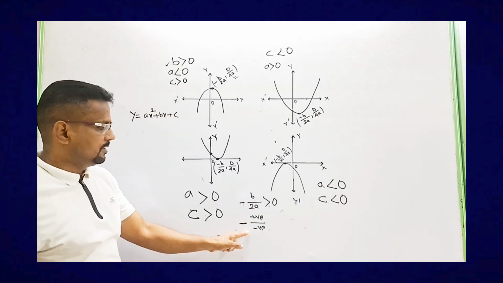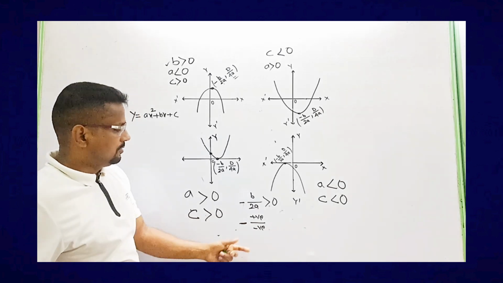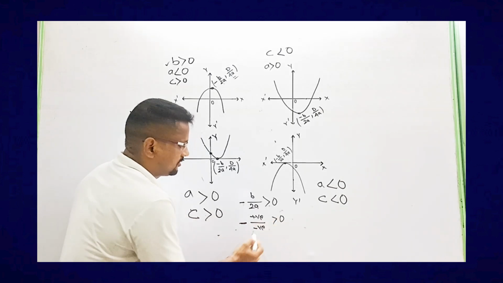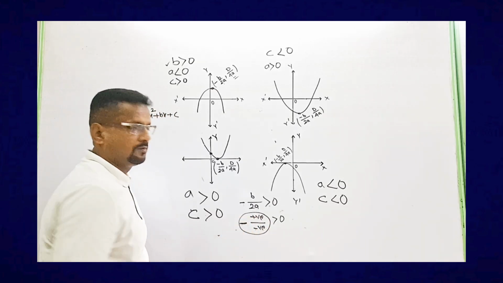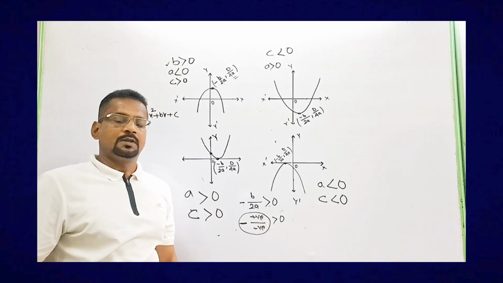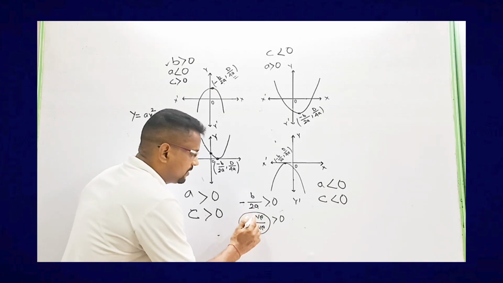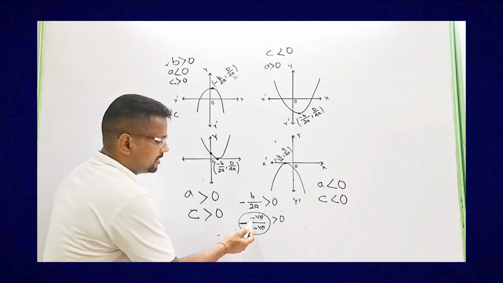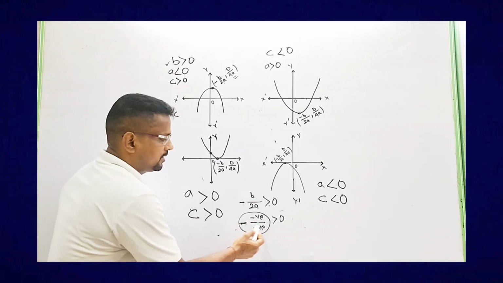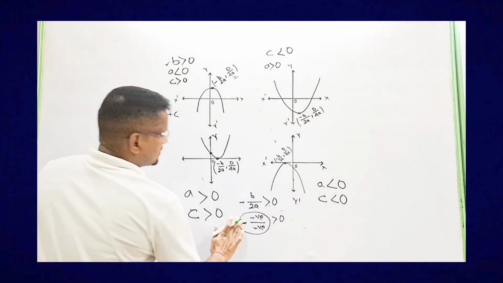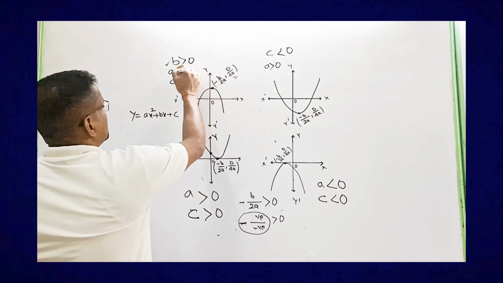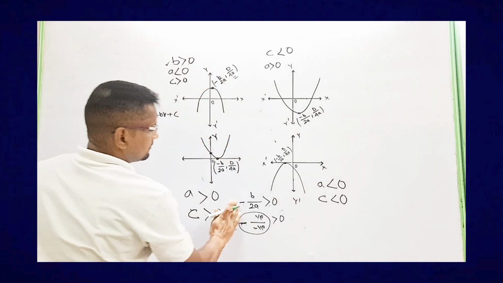If b is positive, then this value will be greater than 0, because minus minus plus, ultimately the entire result will be a positive number. But if you take the b value as a negative number, then three negative signs are present here, so it will be less than 0. So it is sure that in that case b is also greater than 0.